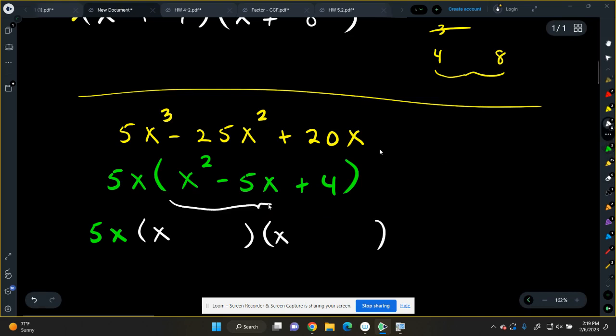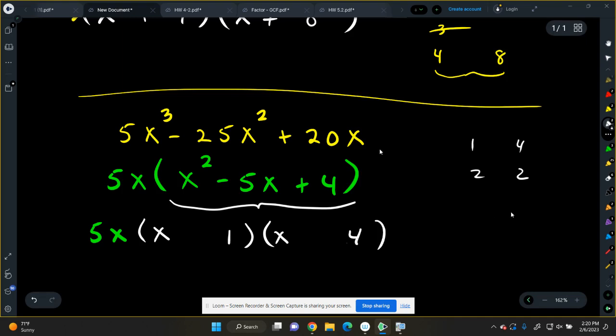Now, looking for two numbers that multiply to 4, but add up to 5. So our options are 1 and 4 or 2 and 2. Which one adds up to 5? First one. 1 and 4.